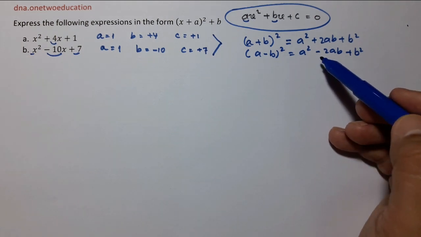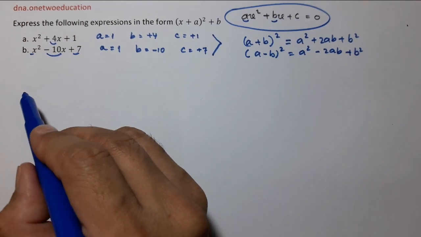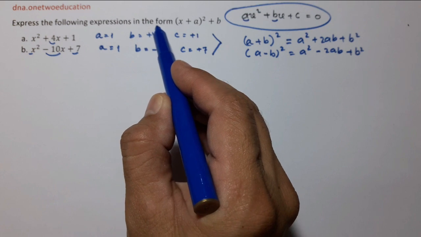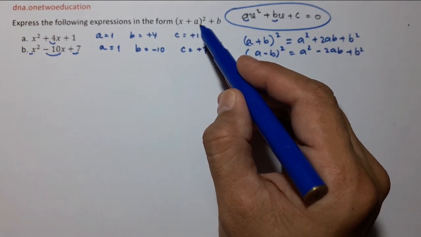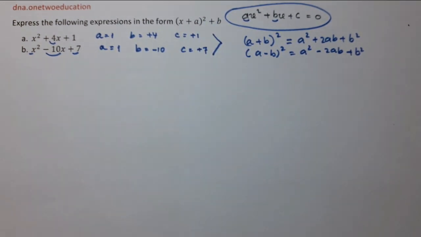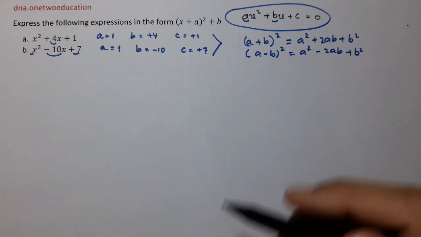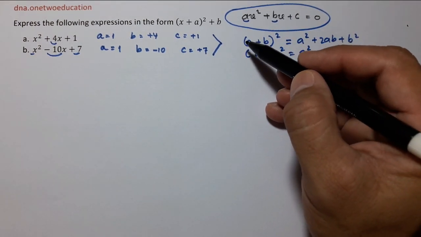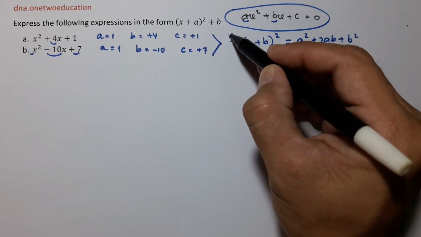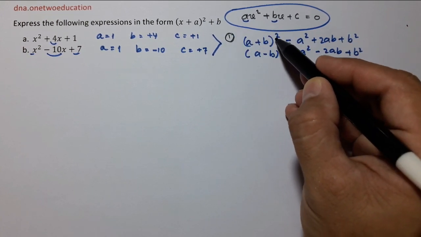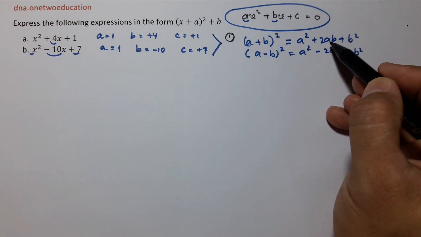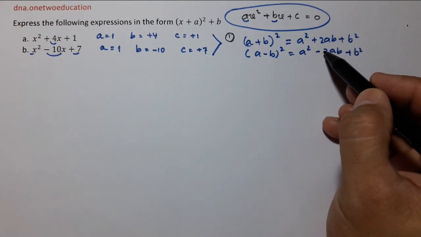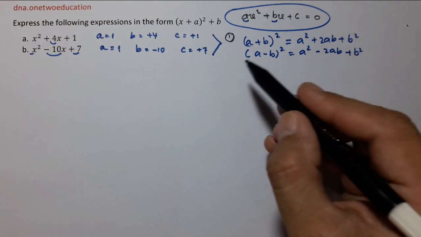Okay, students, directly go to number 1a. Express the following expression in the form x plus a squared plus b. So what is the key? The first key, you have to understand and try to memorize this formula: a plus b squared equals a squared plus 2ab plus b squared, or a minus b squared equals a squared minus 2ab plus b squared.